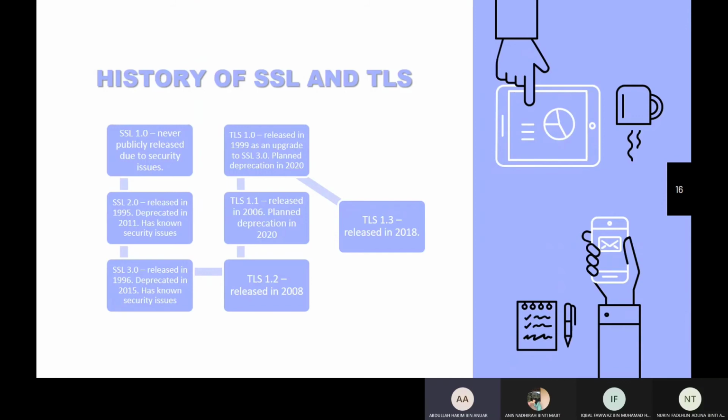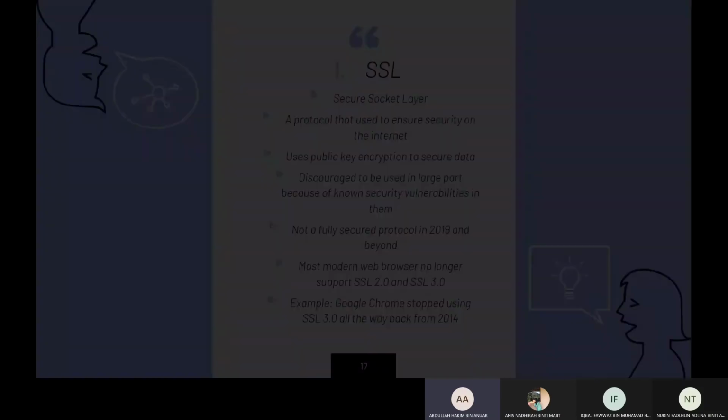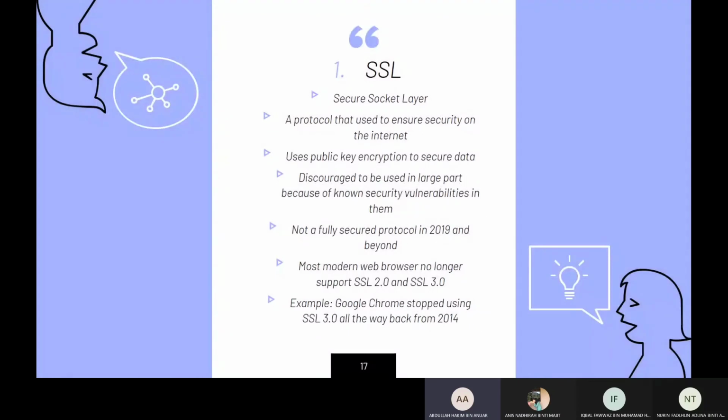SSL is a protocol that is used to ensure security on the internet. It uses public key encryption to secure data. Due to its being outdated, it has been discouraged to be used, in large part because of known security vulnerabilities in it.